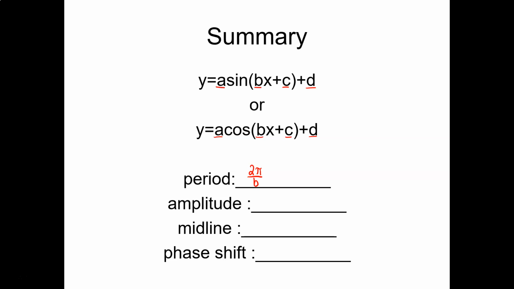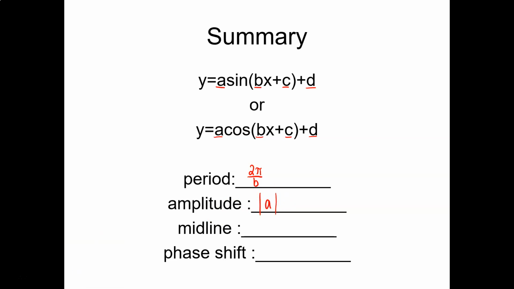Your amplitude is always the absolute value of a. And I guess I should put absolute value bars right there. Stick with my original a there.